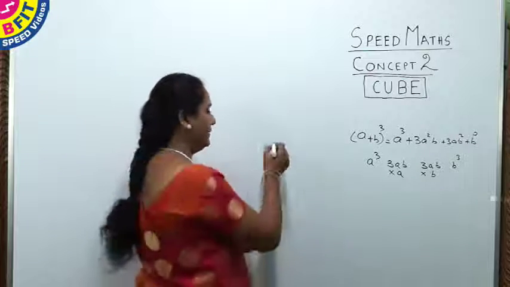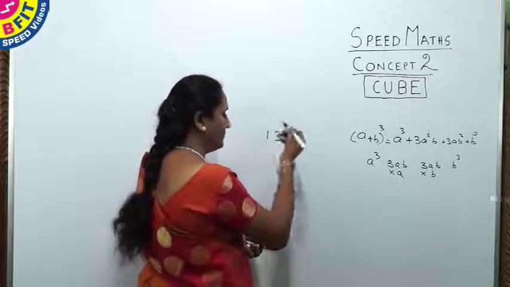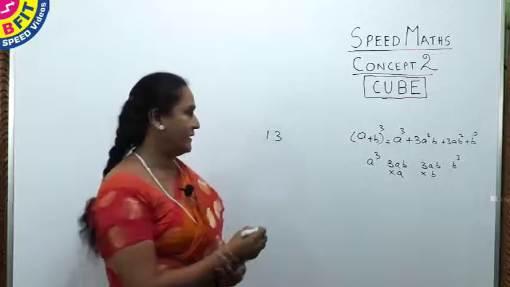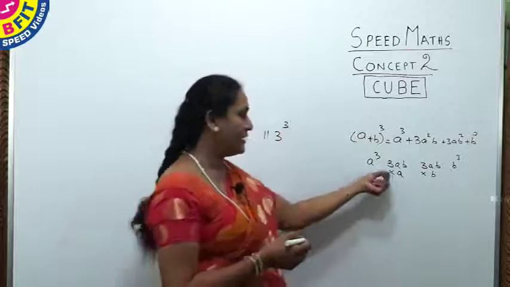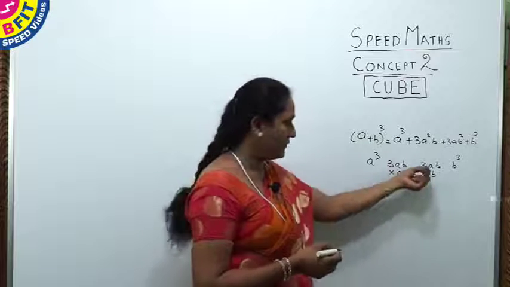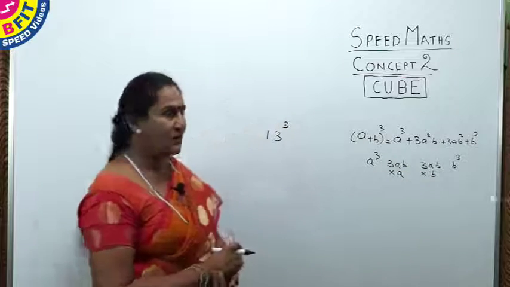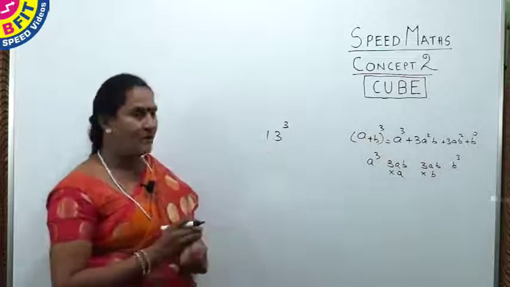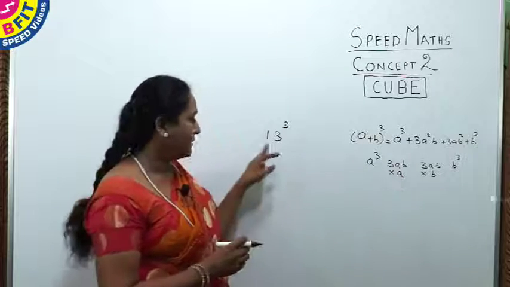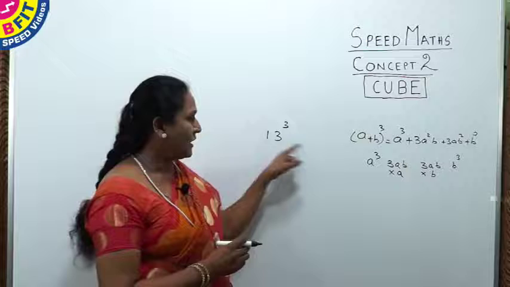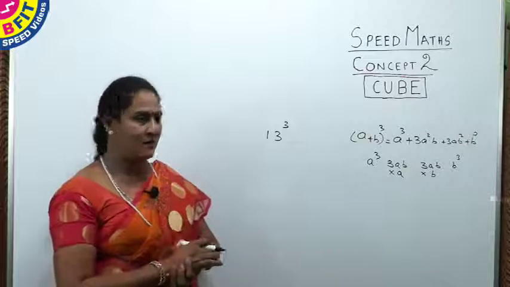So now to find the cube of this 13, we can use the same a cube, 3ab into a, 3ab into b and b cube. But here, as you have 1, we have one more advantage. Instead of doing all this, as a is 1 here, when you multiply with 1 you will have the same product.